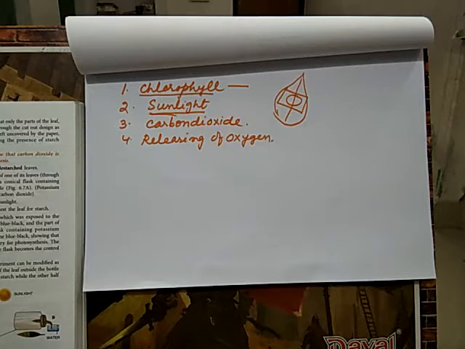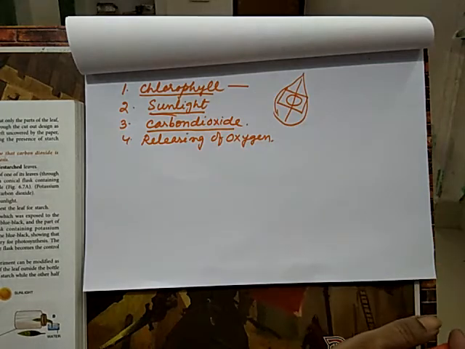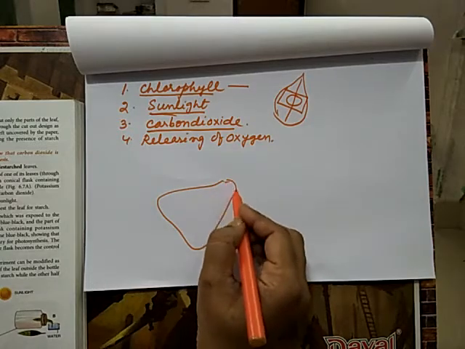That portion under the black paper is taken for the iodine test. For carbon dioxide, to test its necessity, one leaf is kept inside a conical flask and the other leaf is outside, on the twig.